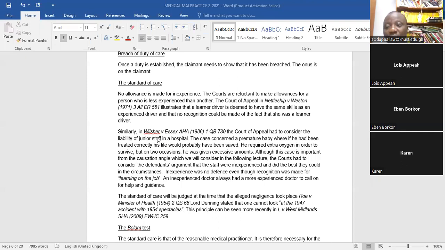So I'm just making the point that Denning's wisdom is quite instructive, that you don't look at a 1947 accident with 1954 spectacles.